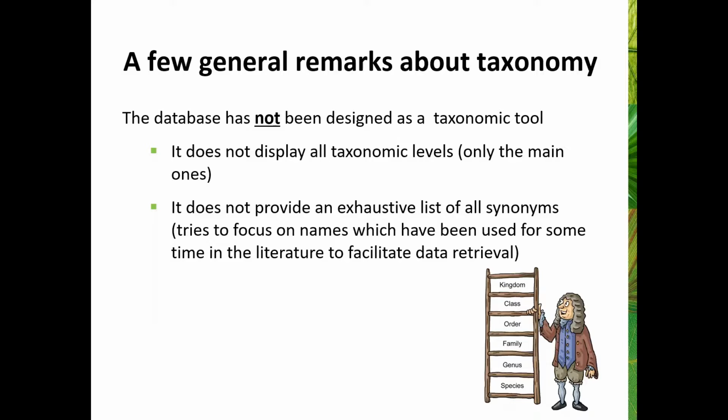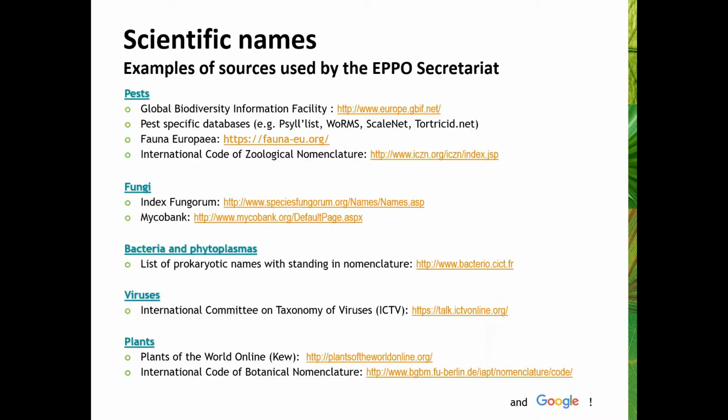By this, I mean that, of course, we try to follow the taxonomy, but the system does not display all taxonomic levels, only the main ones. And also, we are not trying to keep a strict history of the synonyms. So this is why I'm always saying this is not a taxonomic tool in itself, but we try, of course, to be in line with the current taxonomy, and that's sometimes a challenge.